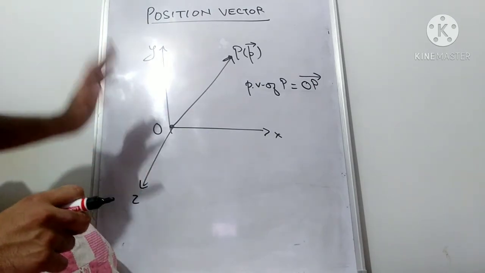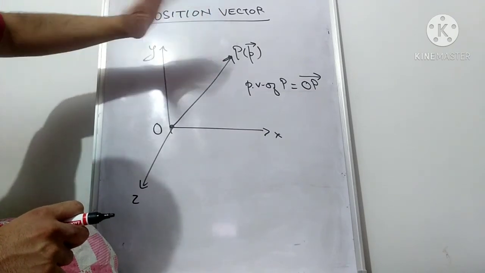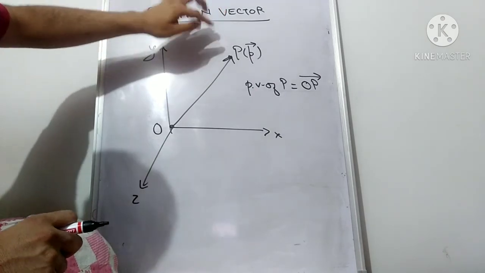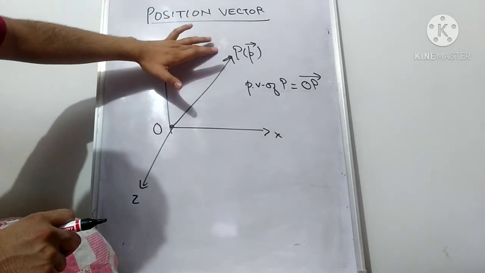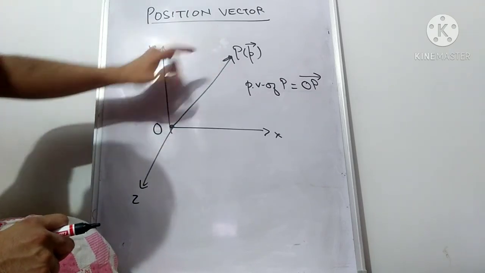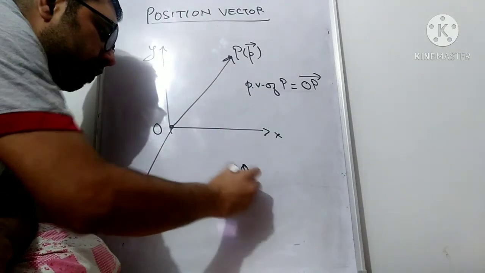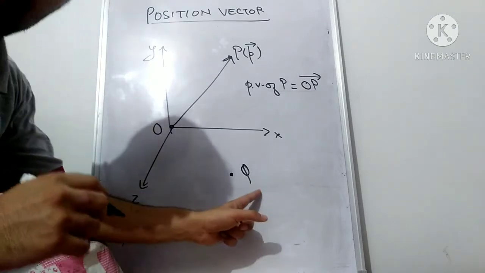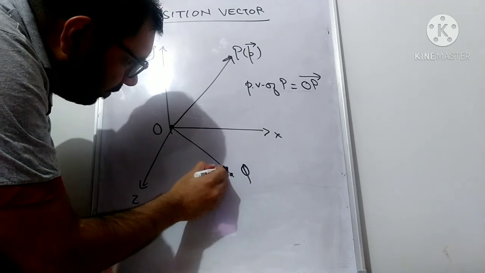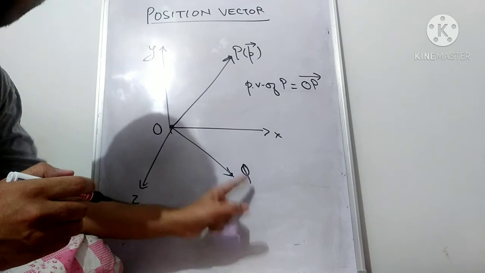I'll repeat this because it is important. For any random point in space, the position vector is defined by the vector formed by joining the origin to that point and pointing in the direction of that point. Suppose there is another point, say Q, and I want to find the position vector for Q. I will join the origin O to this point and put an arrow towards Q. The position vector always points towards the point.